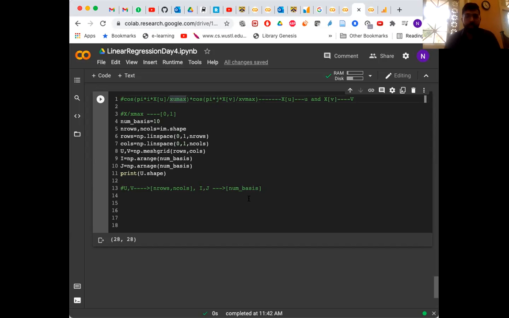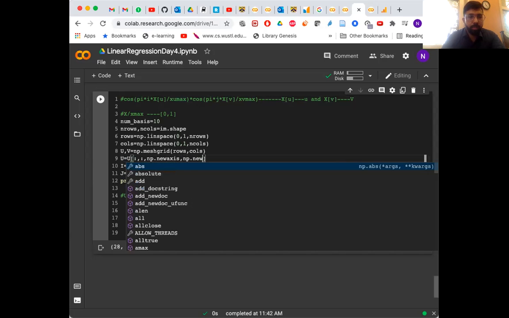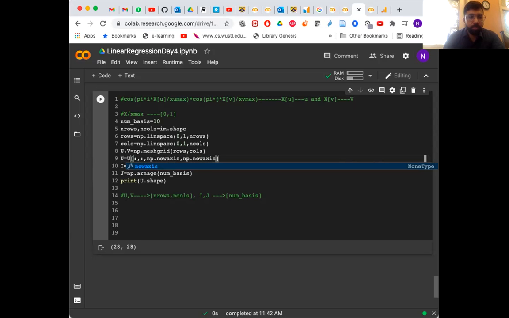First rows and columns, then i, j. Okay, let's do that. So if we do that, then I need something like this. U is equal to U with np.newaxis, np.newaxis, right?